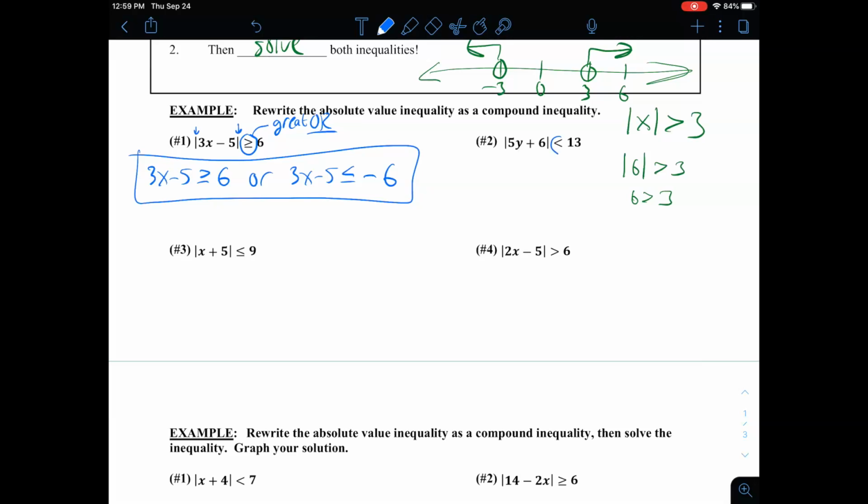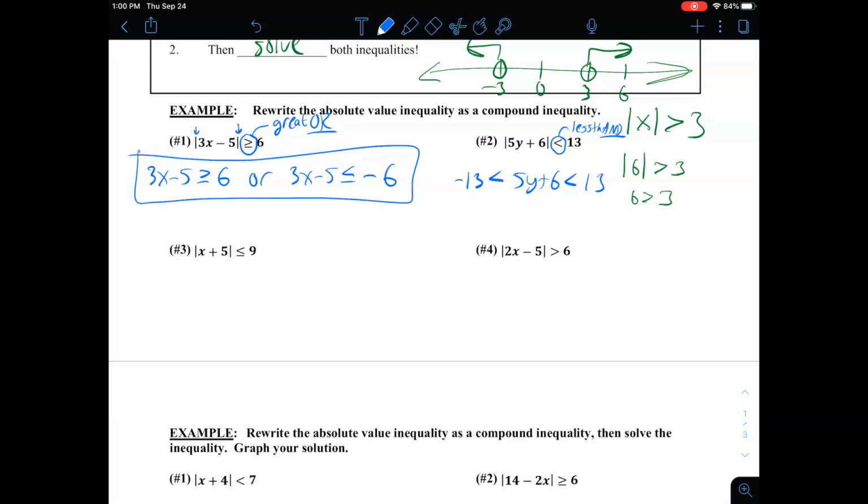We have, circle this, this is less than. So we're going to have 5y. This one's a little bit tricky, so we're going to write this as a sandwich. We're going to do between -13 and 13: -13 is less than 5y plus 6, which is less than 13, right?